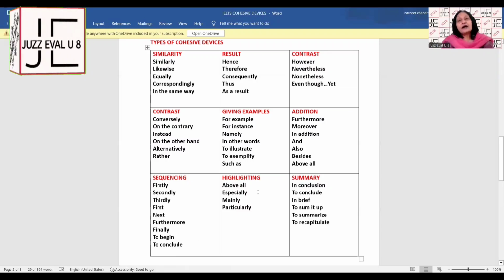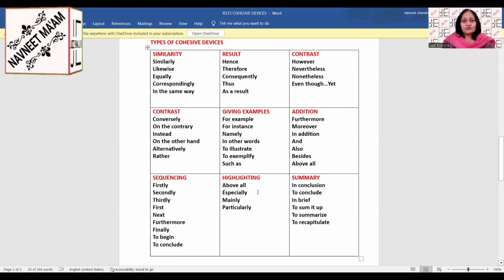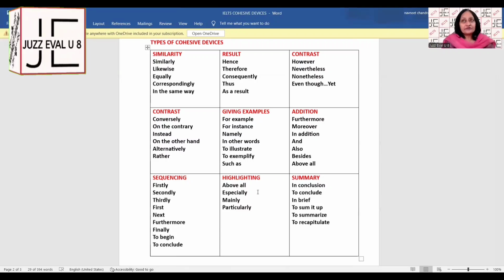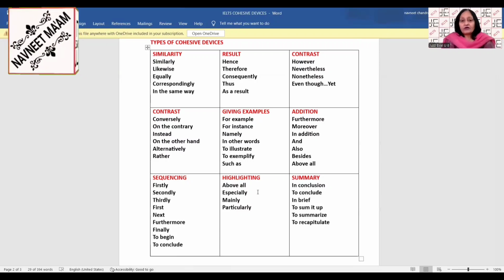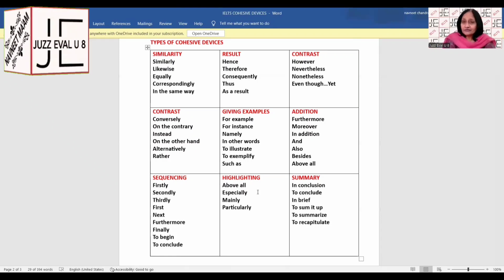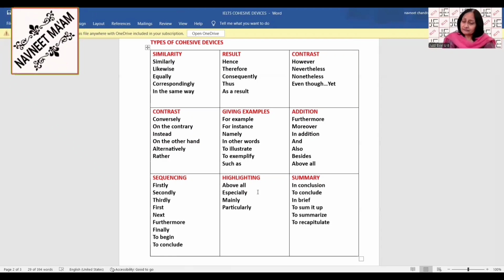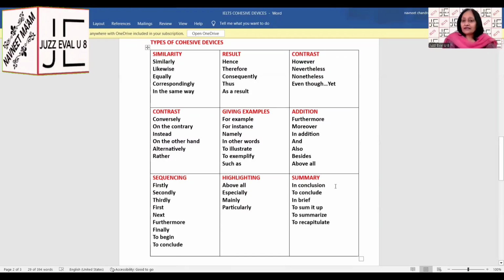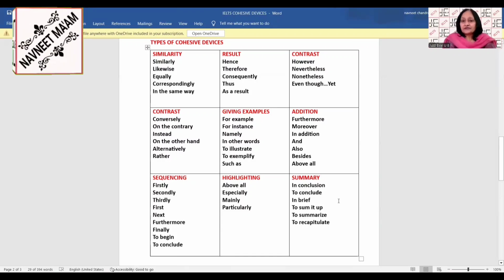And then if you want to highlight something, you want to say that this is very important, so you say above all, or mainly, or particularly. See, these words are good. If used in the essay, the examiner will be impressed. Then, in summary, you can use these words.